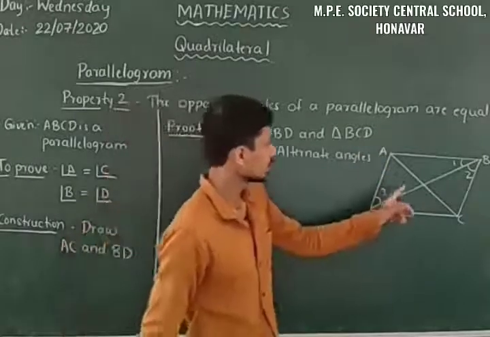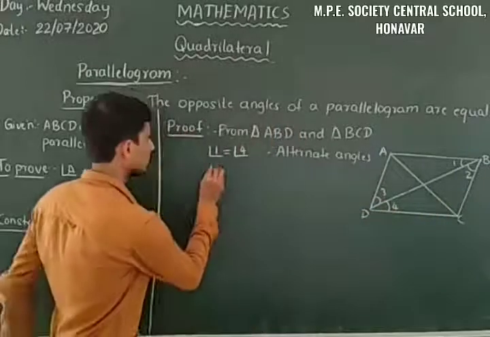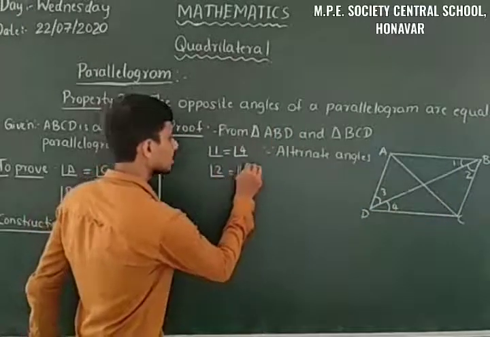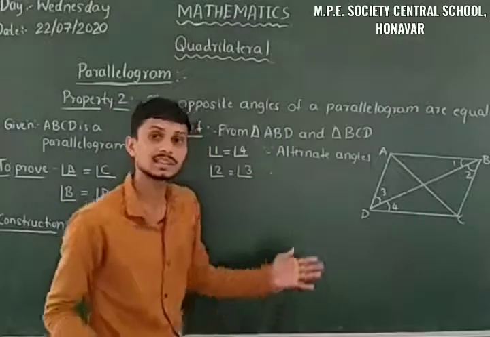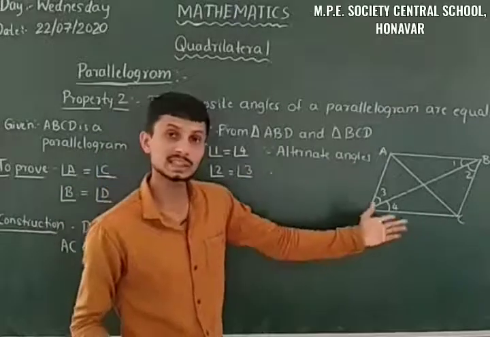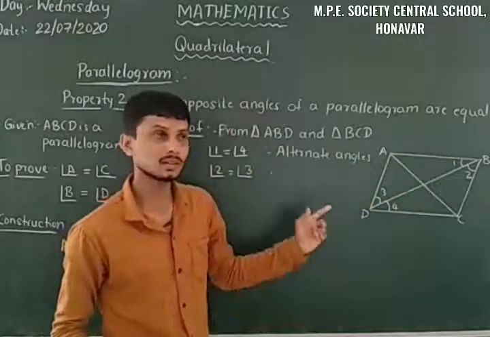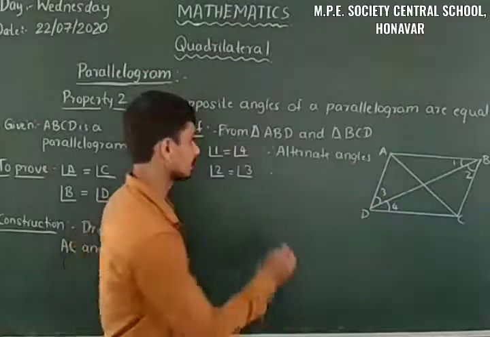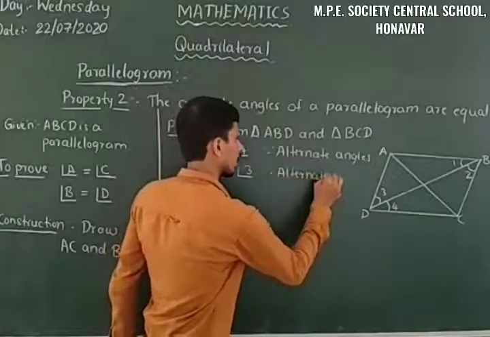Then consider this one: angle 2 is equal to angle 3, because they are also alternate angles, when AB is parallel to CD and BD is a transversal.